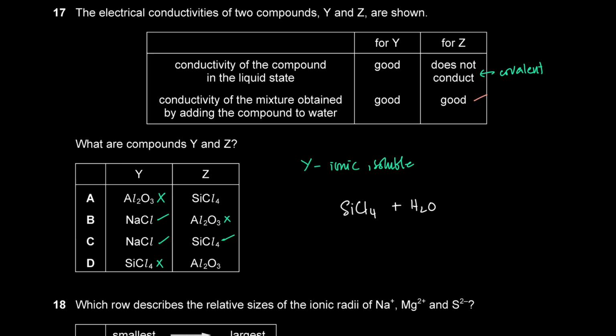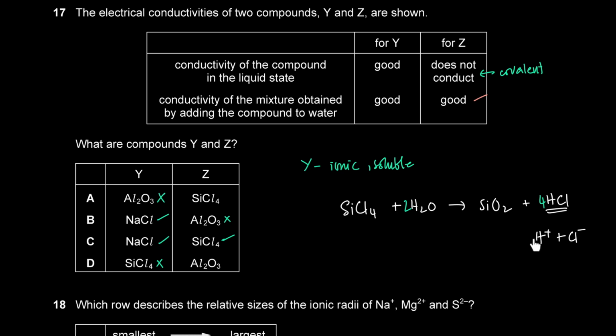It reacts with water to form silicon dioxide, SiO2, and HCl. HCl is H+ and Cl-. Let's balance this also: we have 4 HCl over here and we're going to have 2 H2O. We have H+ and Cl- ions in solution.